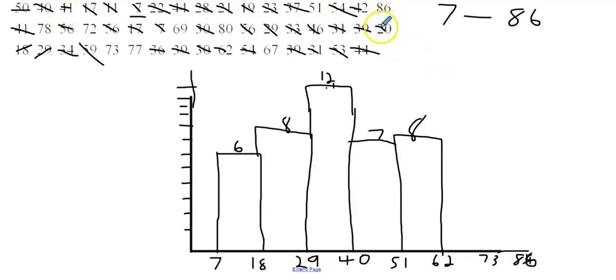We know where 86 is going to go. 63 to 73. 1, 2, 3, 4, 5. So 5 is right about here. And the rest should be between 74 and 86. So 1, 2.